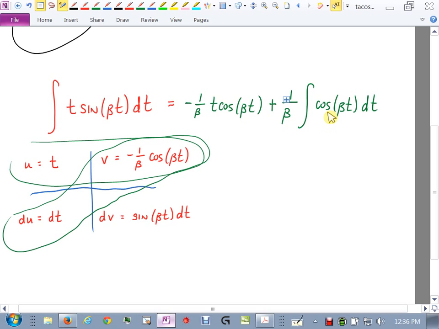And this integral should be straightforward. Antiderivative of cosine is going to be sine, but 1 over beta sine beta t, right? So I've got negative 1 over beta t cosine beta t plus 1 over beta times 1 over beta again sine beta t, and I'll have plus some constant.